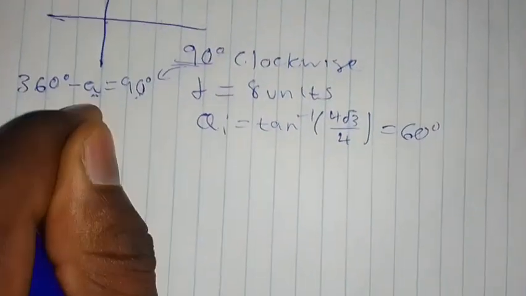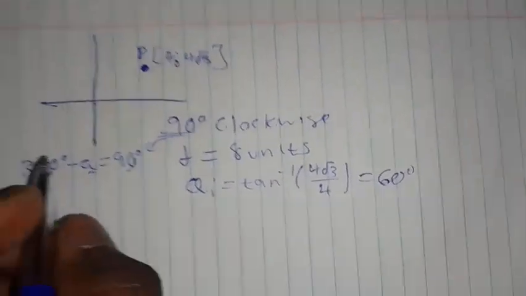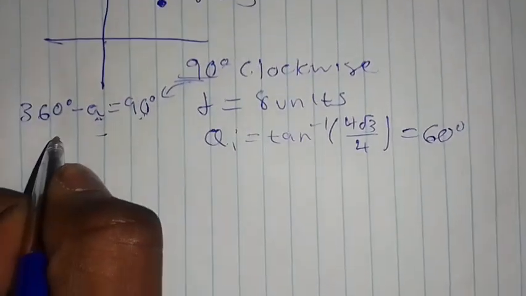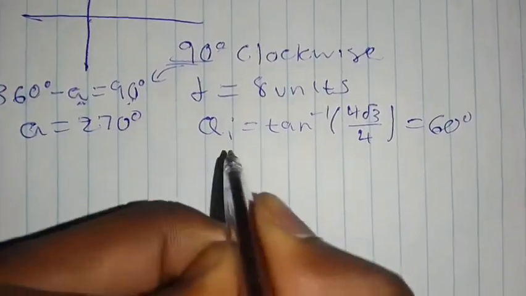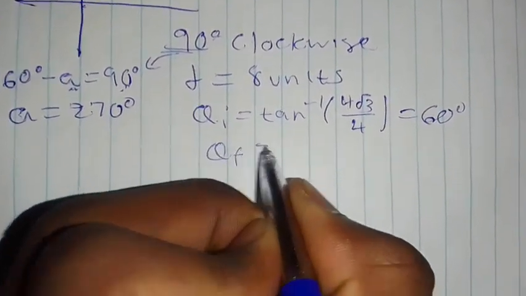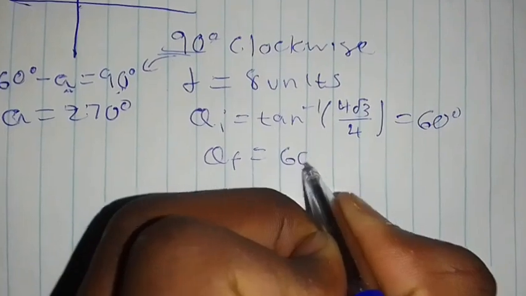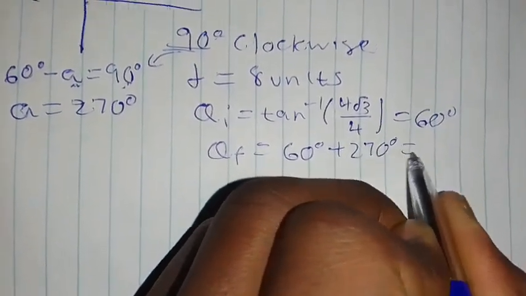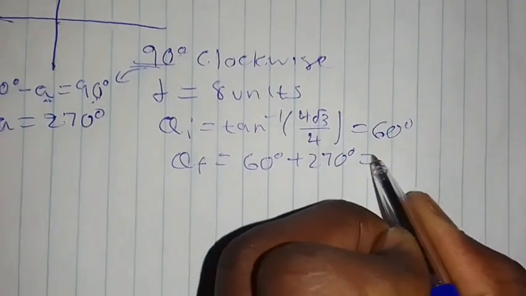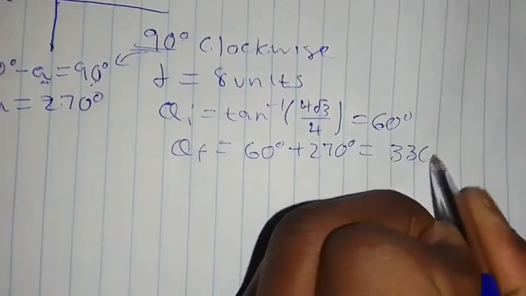Always we want the angle to be anti-clockwise. So that means that a will be equal to 270 degrees. Now theta final is going to be theta initial plus a, which is just 270 degrees plus 60 degrees. So you're going to get 330 degrees.